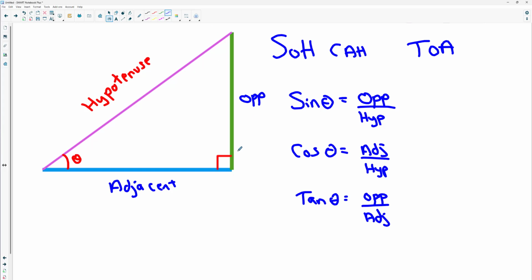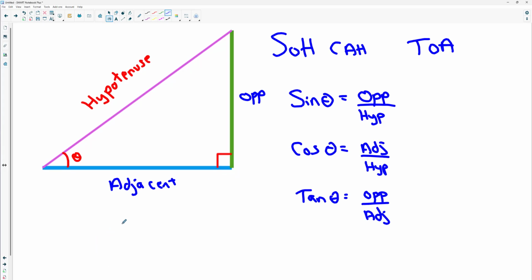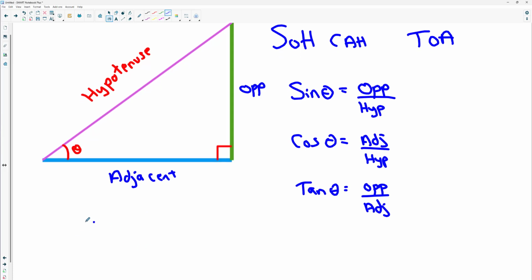something else that you should know that is specific to right angle triangles, and that is the Pythagorean theorem, which states that a squared plus b squared equals c squared. If you're not sure what a, b, and c are, I should start with c.